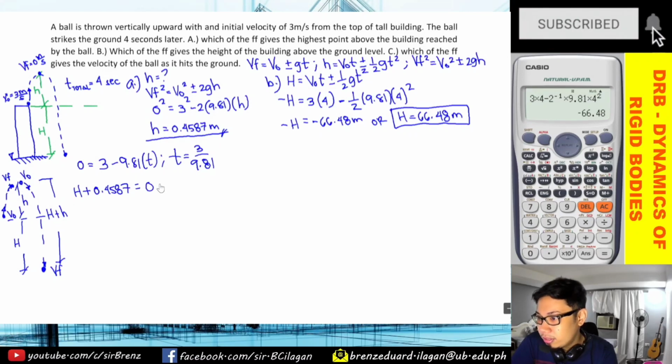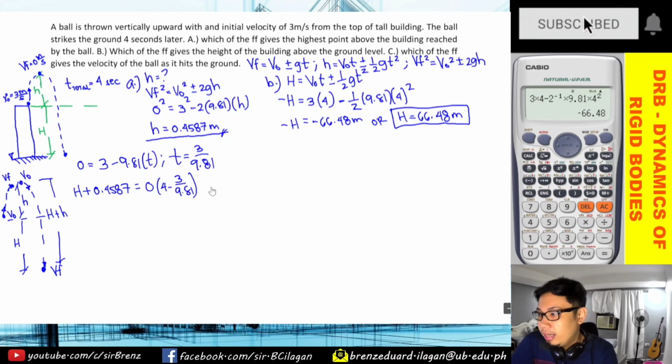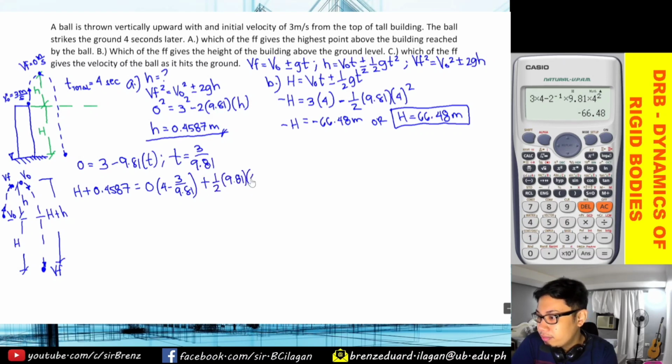So, 0 times yung time. So, yung time na i-consider mo dito, that will be 4 minus yung time required to reach its maximum height. Pero anyway, magiging 0 pa rin naman yun. And then plus, positive na yan kasi sumabay na sa direction ng initial velocity. So 1/2 of 9.81 times 4 minus 3 over 9.81 squared.